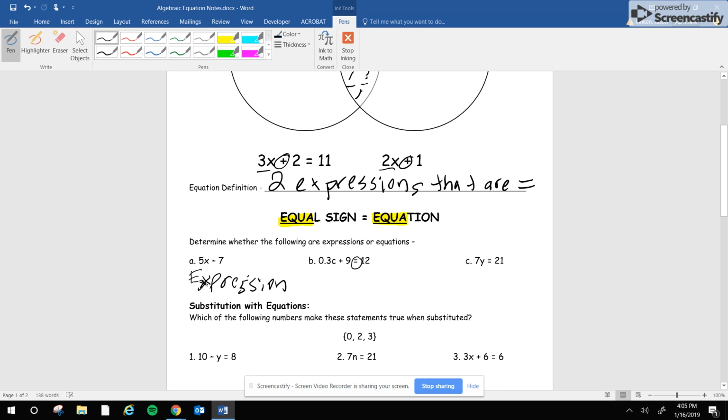We have an equal sign, so that is an equation. On C, we have 7 times y equals 21. And we have an equal sign, so that too is an equation.